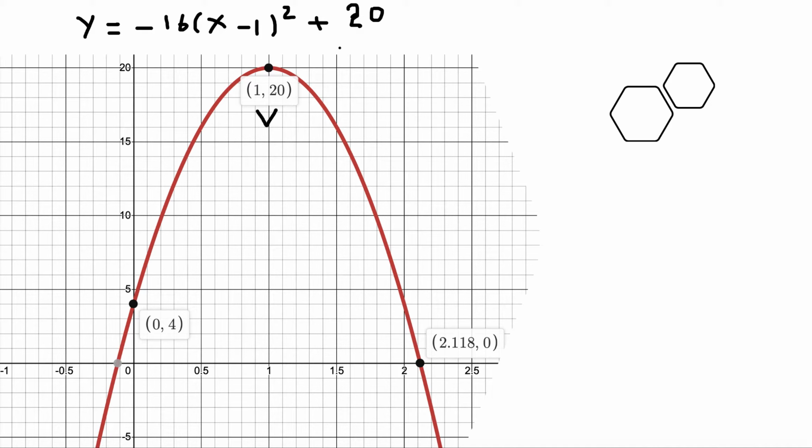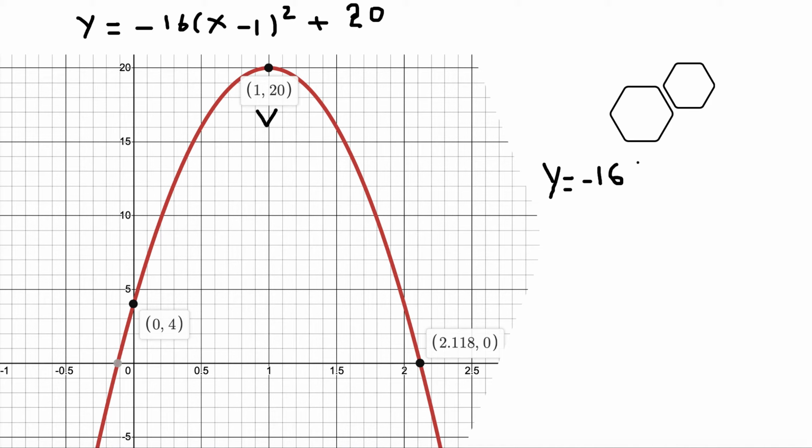What we have to do here, first of all, is write in expanded form what we have in the parentheses, (x minus 1) squared, with the minus 16 in front. Let me write y = minus 16 because I have enough space. Let me erase all this.